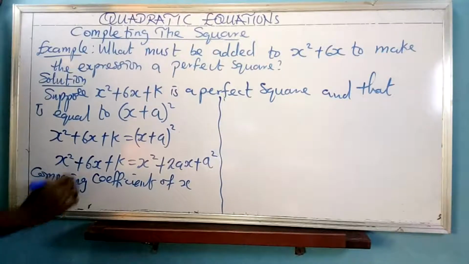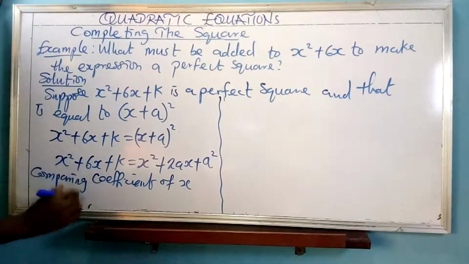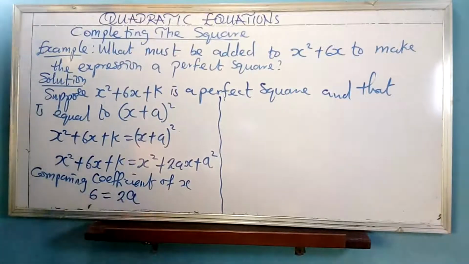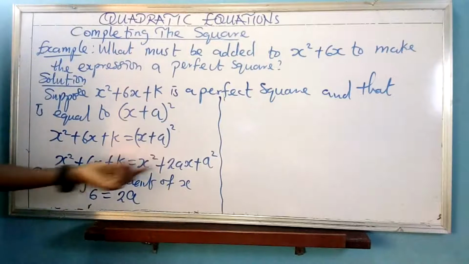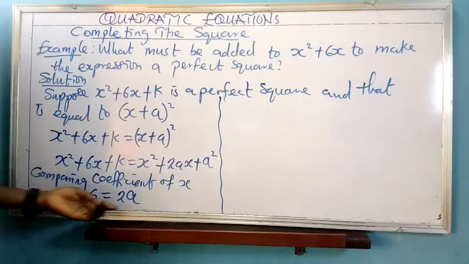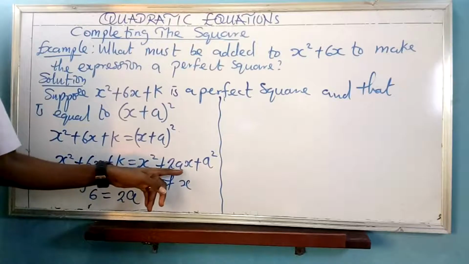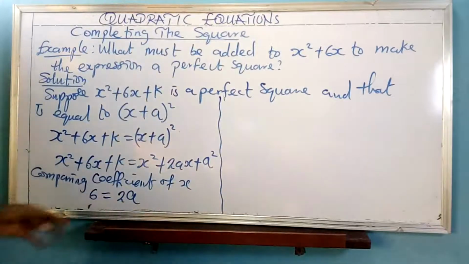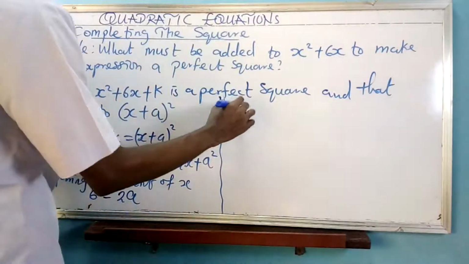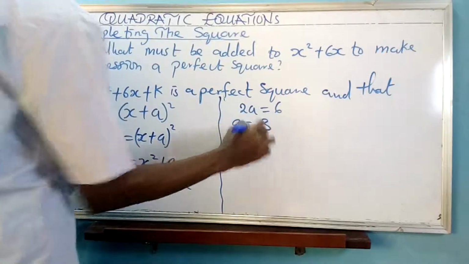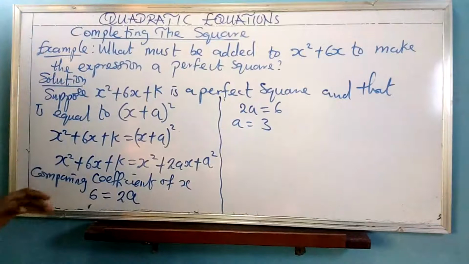The coefficient here is 6, isn't it? It is equal to 2a. The coefficient of x here is 6, the coefficient of x here is 2a. That is the number in front of x here and the number in front of x here. Do you get that? Fine. So we have 2a equals 6, and a equals 3. Do we get it up to that level? Fine.